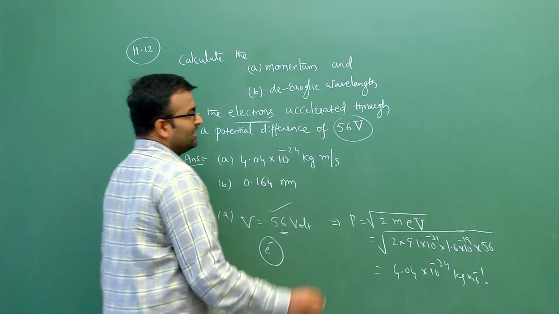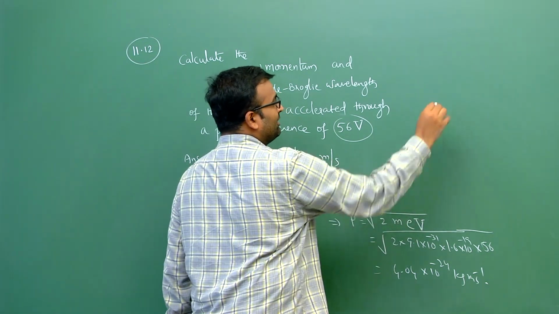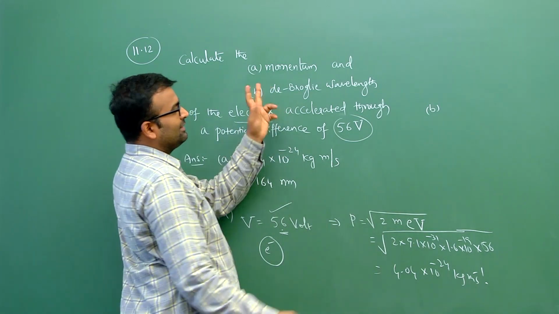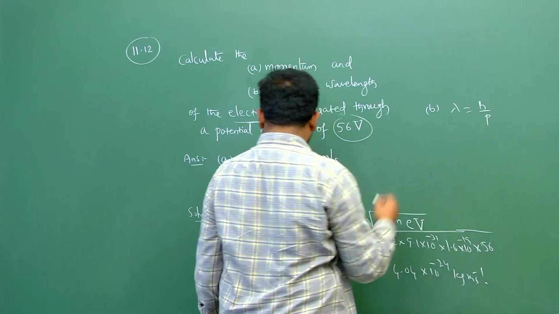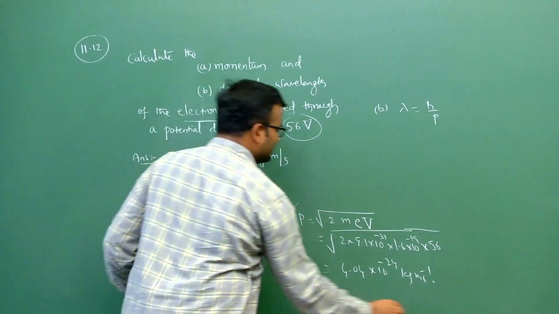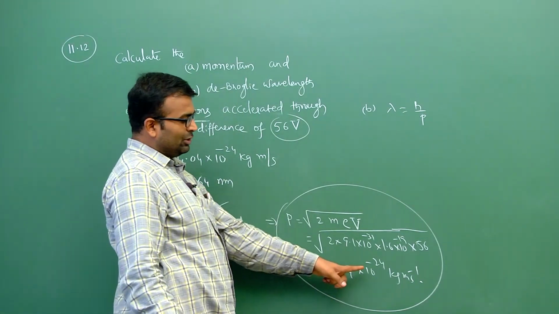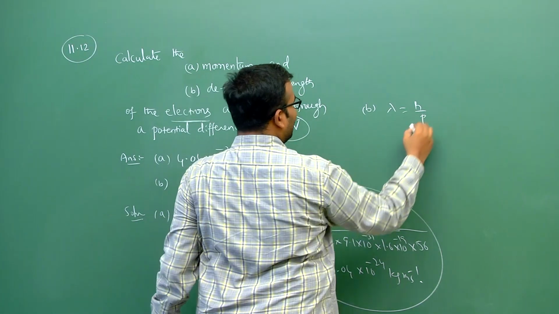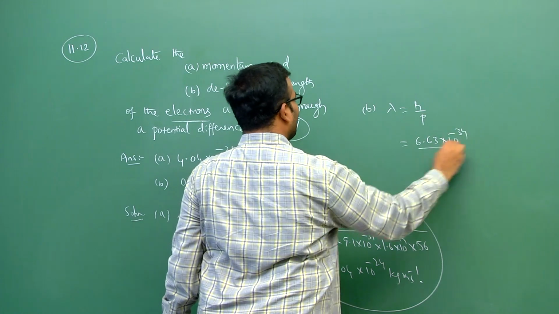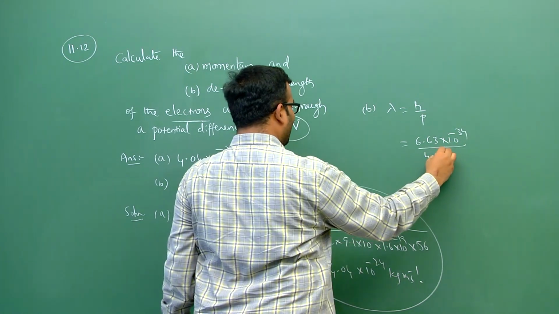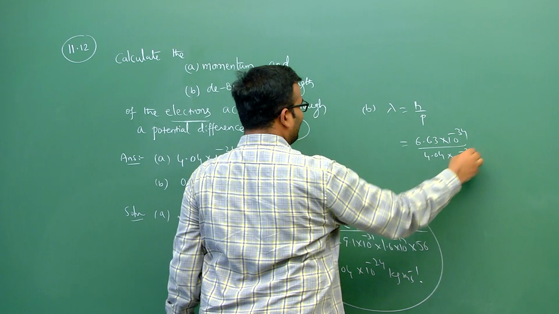For solving the second question B, as we want the de Broglie wavelength, the formula is λ = h/p. The momentum value you got now is 4.04 × 10^-24. The value of h is 6.63 × 10^-34, divided by 4.04 × 10^-24.